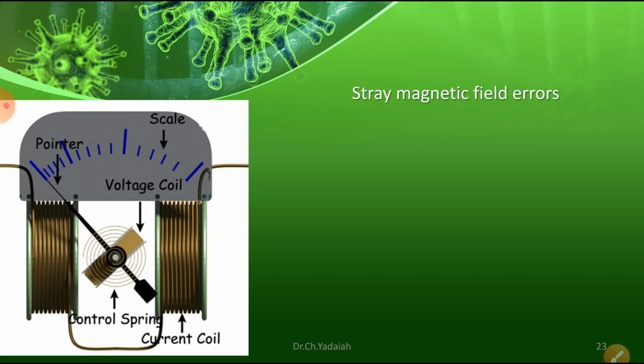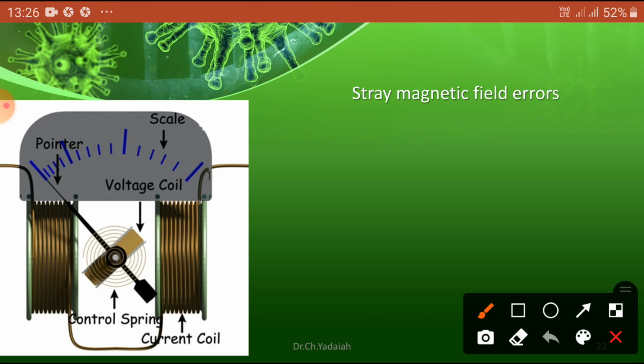Okay, now coming to another impact, the stray magnetic field errors. Here you can observe this is a fixed coil, another fixed coil in series, and here is a moving coil in the center, and it produces its own magnetic field. This is the stator magnetic field, the fixed magnetic field, and this is the spindle magnetic field.